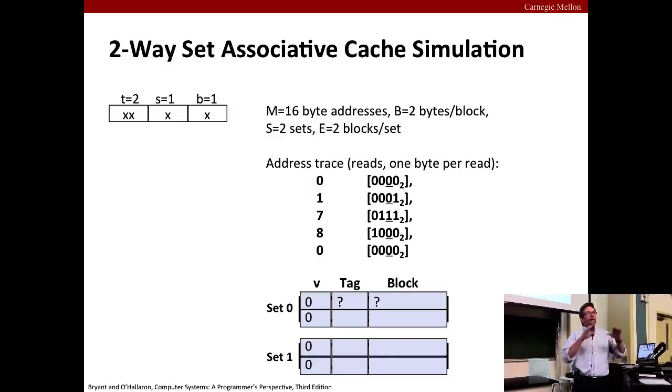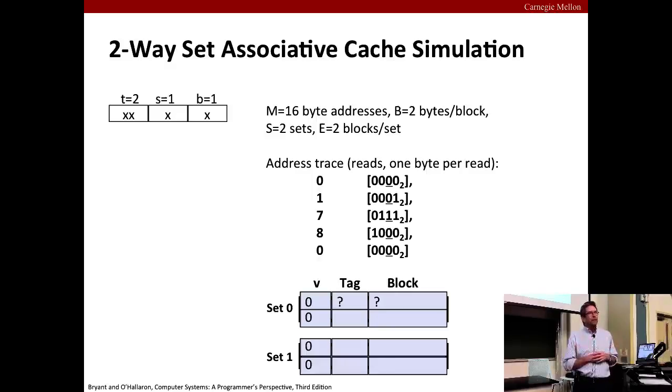Then you determine how big you want your cache to be, and you determine the associativity. Once you've determined the associativity and you know how big your cache is, that determines the number of sets.